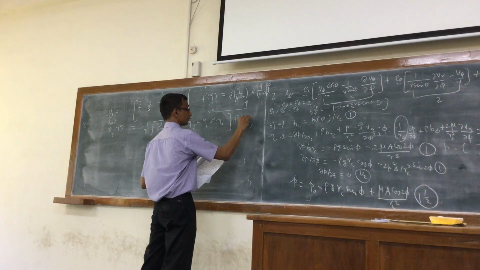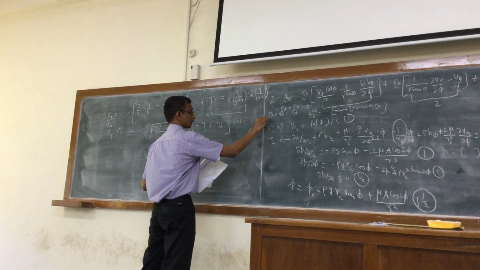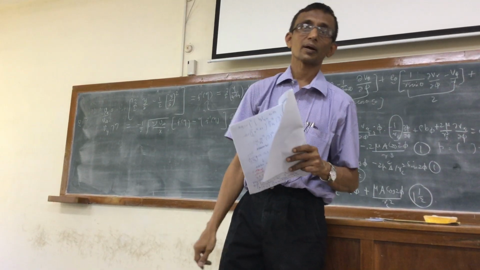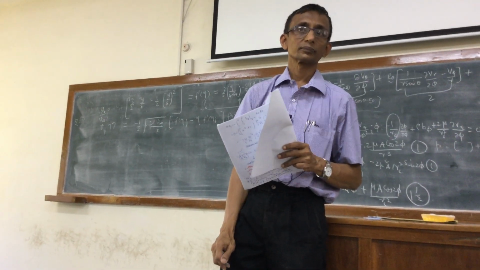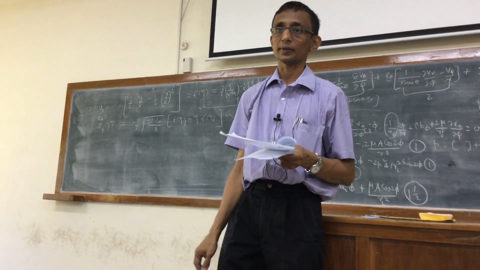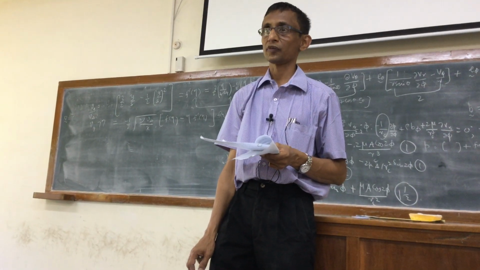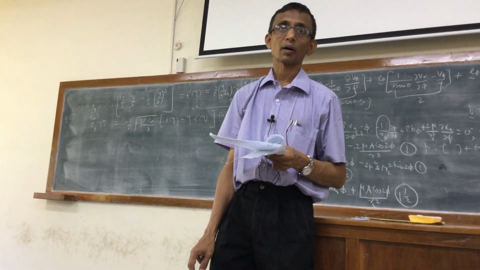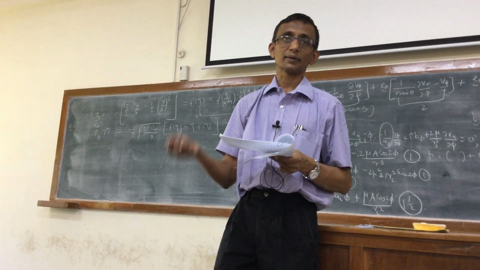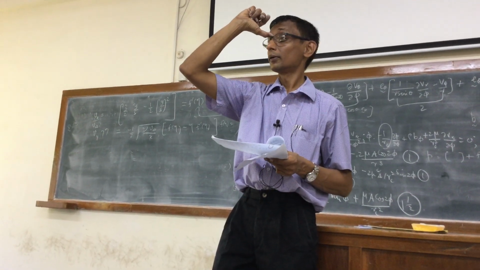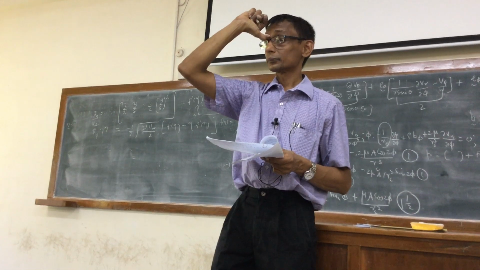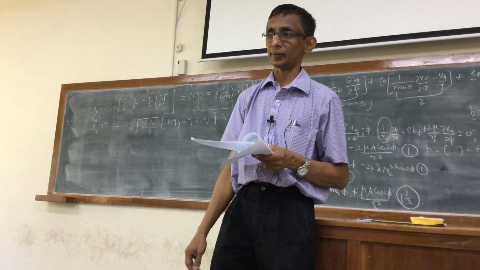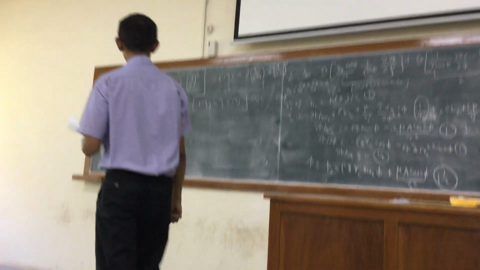F of eta is equal to something plus some constant. What do you need to evaluate the constant? The value of f. So what is f at eta equal to 0? You have to check that, right? You can easily figure out f of 0 actually was 0. So your constant will be 0.